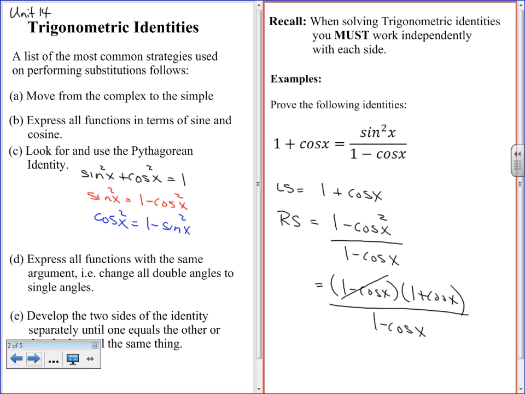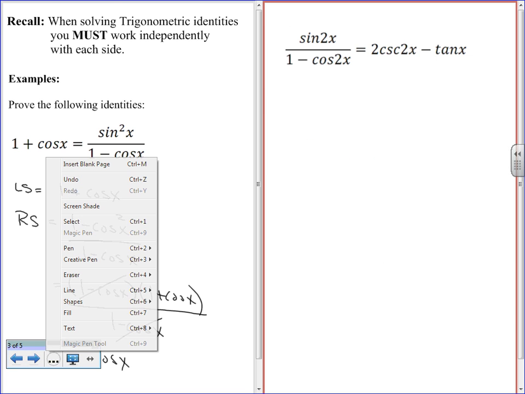Right, so 1 subtract cos x divided by 1 subtract cos x is 1, and I'm left with 1 plus the cosine of x, which is the left side, and I proved it.